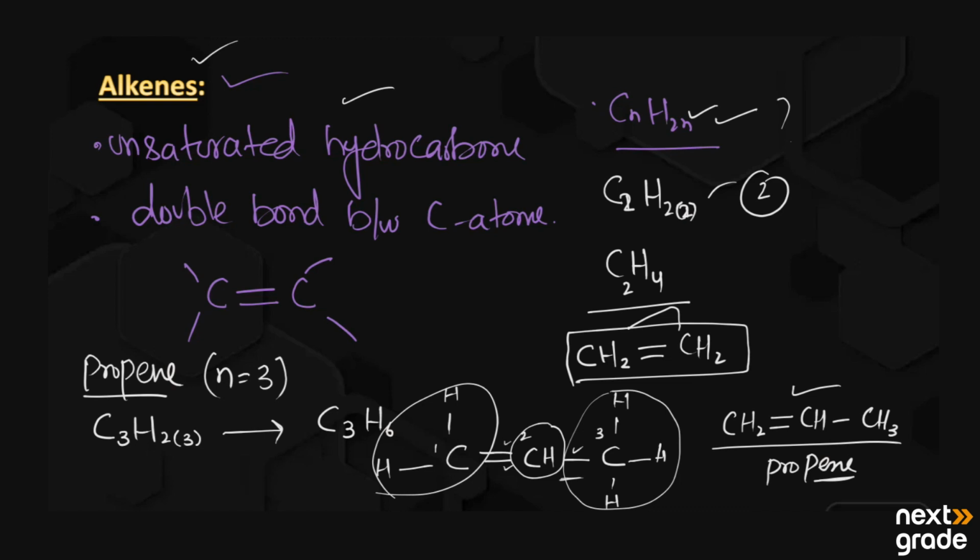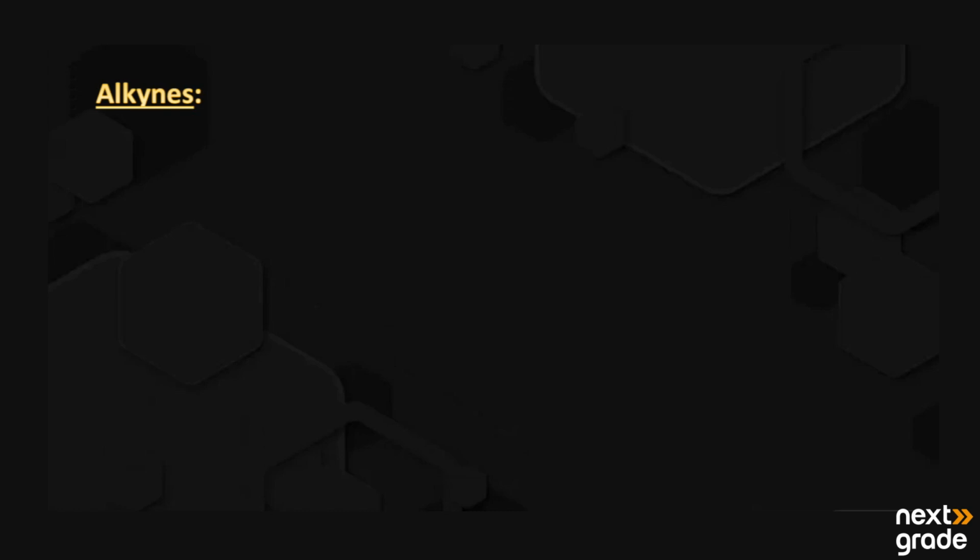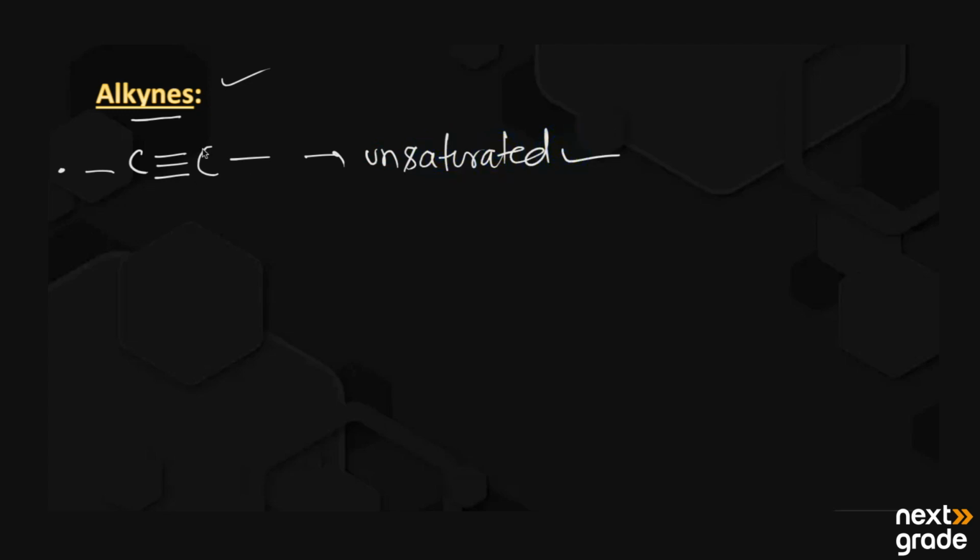Next, the second type is alkynes. The word alkynes shows that the carbon-carbon has a triple bond. This class is known as alkynes, and they are unsaturated hydrocarbons that have a triple bond between them. Let's take an example.